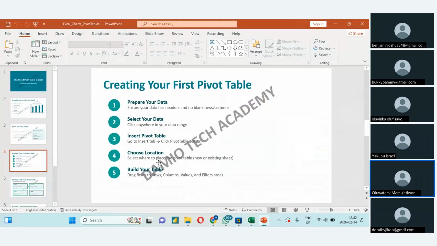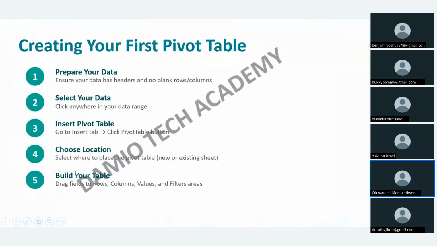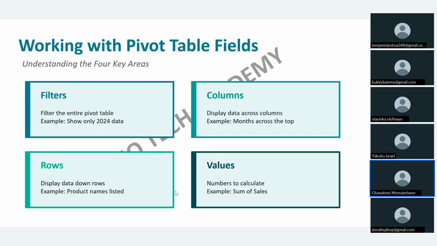Now you can choose the location where you want your sheet to be, and we can build our table from there. A pivot table has four major fields: the rows, the columns, the values, and the filters. This might sound confusing, but I need you all to read this so that when we get there tomorrow, you will understand the four.